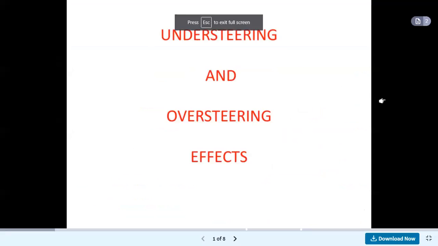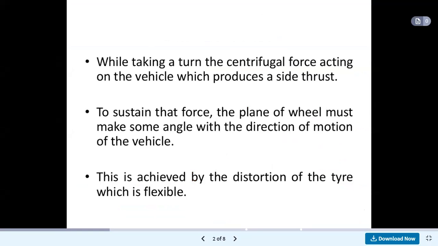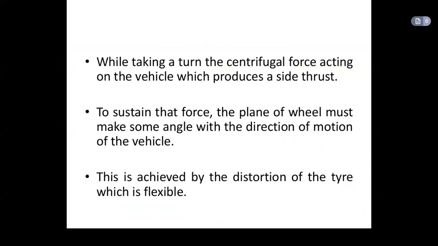So this topic is related to understeering and oversteering effects. If the vehicle takes a turn, the centrifugal force acting on the vehicle produces a side thrust.